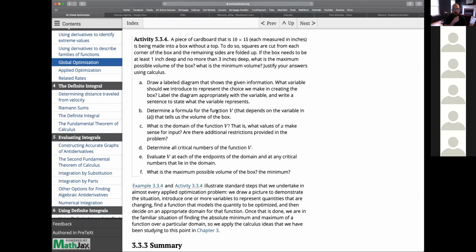So what we're going to do is a classic calculus problem. We're going to find the volume of a box.